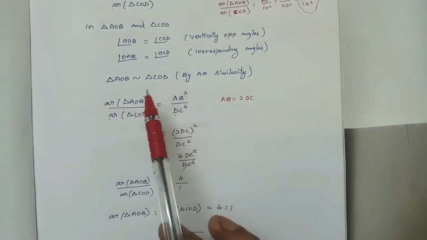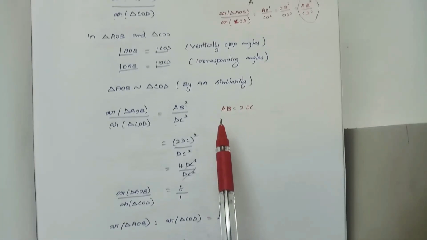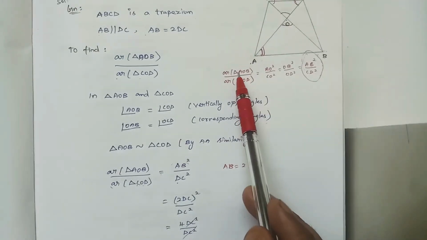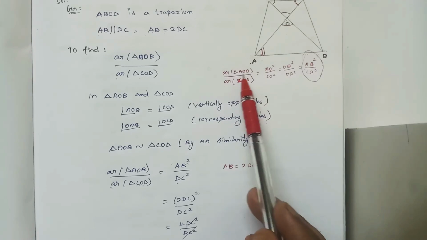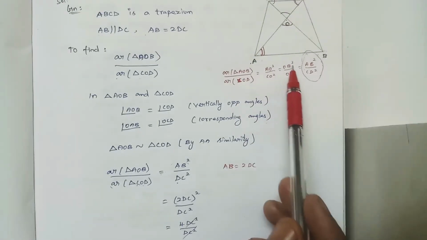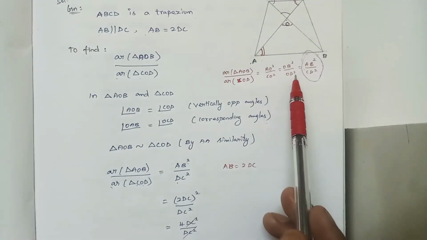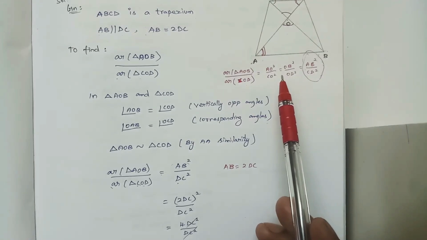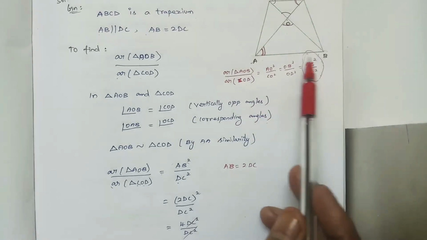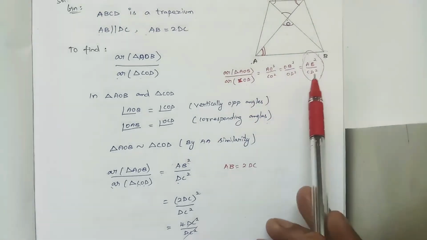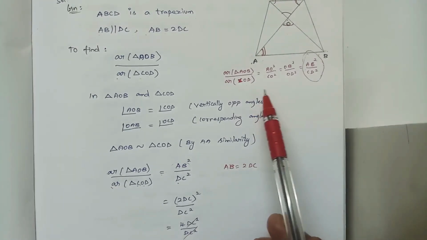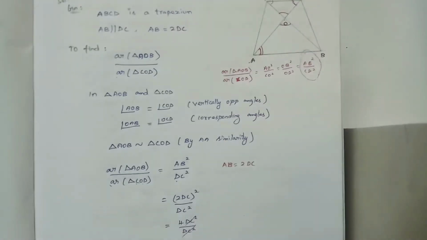While you are writing, you have to write in the correct order, then only the corresponding sides will come correctly. Otherwise you will make mistakes, and if you make mistakes while writing the sides, then the entire answer will go wrong. So please keep it in your mind.